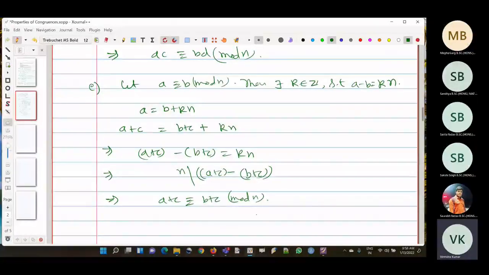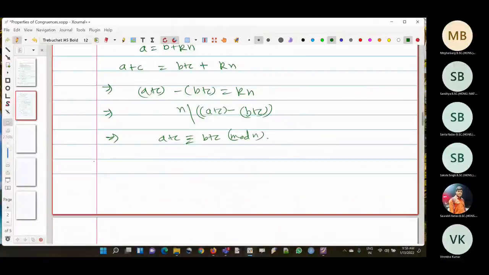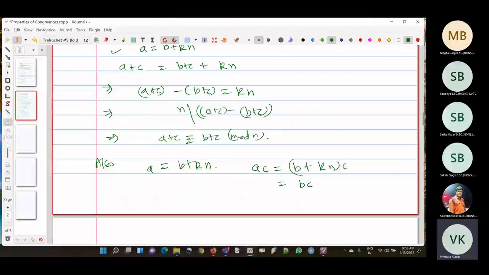Okay. Now what else is there? We need to see if the same congruence is valid if you multiply with some fixed number on both sides. Also, from here we have A equals B plus k times n. Then multiply both sides by C. So we have A times C equals B plus kn, times C. And on the right hand side we have BC plus k times C times n.